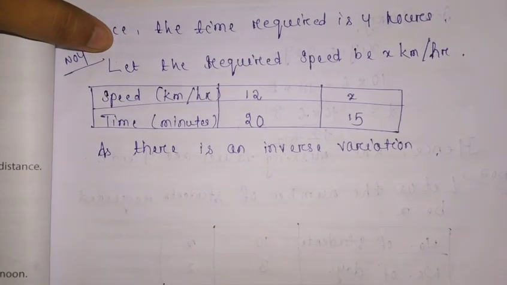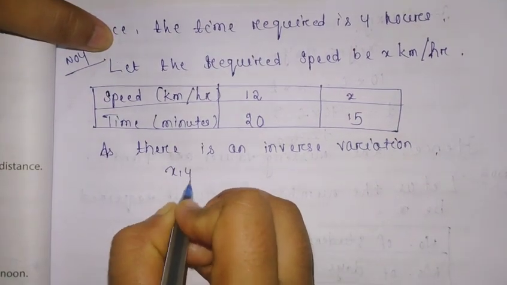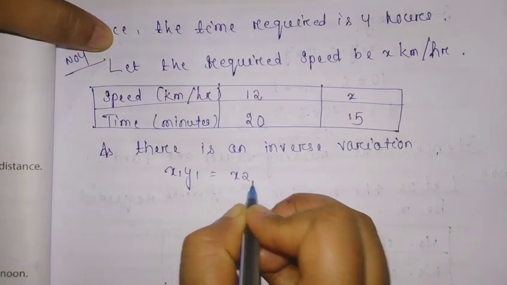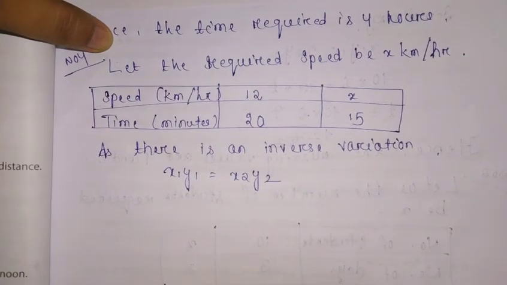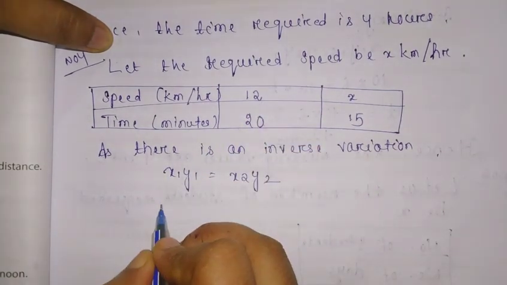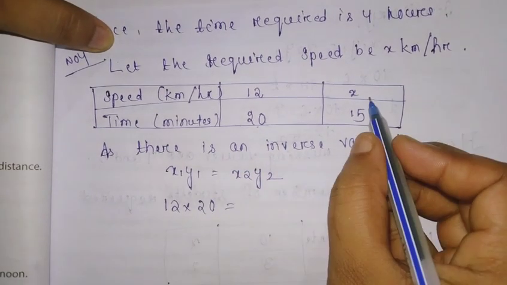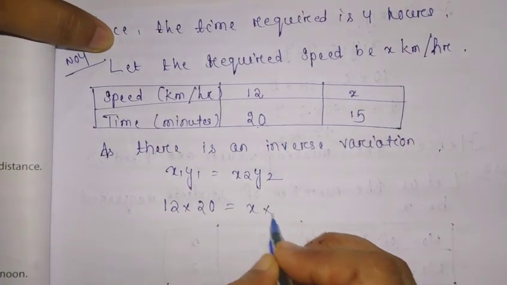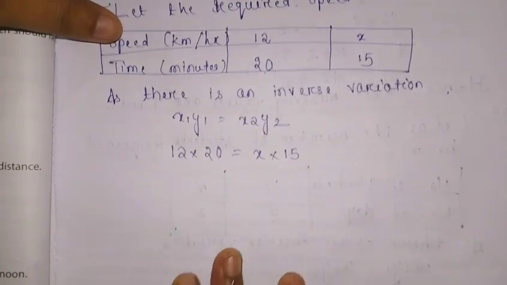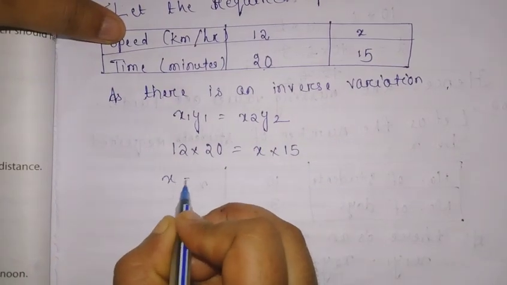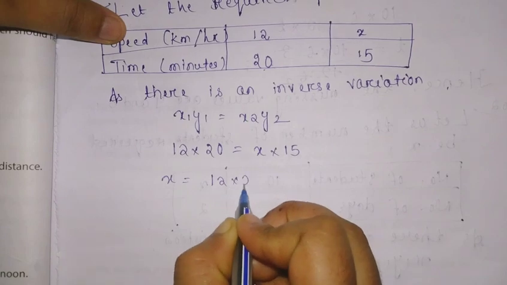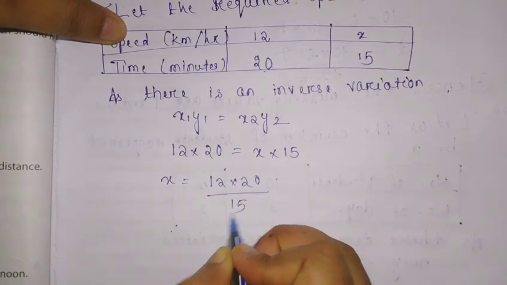The inverse variation formula is x1 into y1 equals x2 into y2. Here x1 is 12 and y1 is 20. Then x2 is x and y2 is 15. Then x equals 12 into 20 divided by 15.